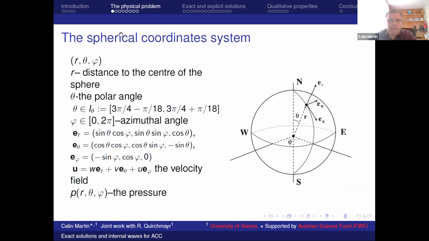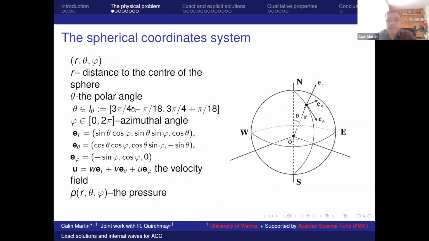So let me get to the spherical coordinate system. We will work in r, theta, and phi. R is the vertical variable here, representing the distance to the center of the Earth. Theta is the polar angle, representing the latitude.